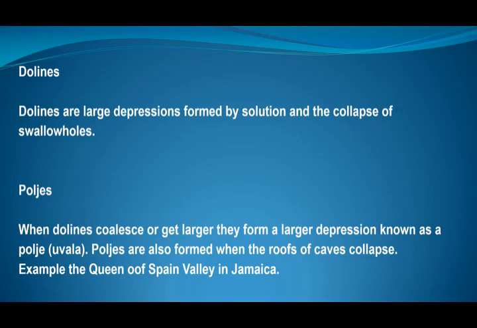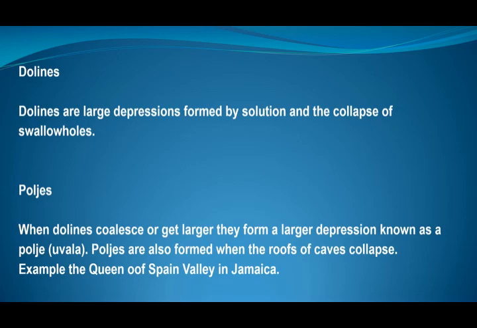Similarly, when two dolines are next to each other, the wall between them can also collapse, creating a much larger depression known as a pulgey. So a pulgey can be formed when the roof of a large cave beneath the surface collapses. It can also form when the wall separating two adjacent dolines collapses, joining the two, creating a much larger depression.